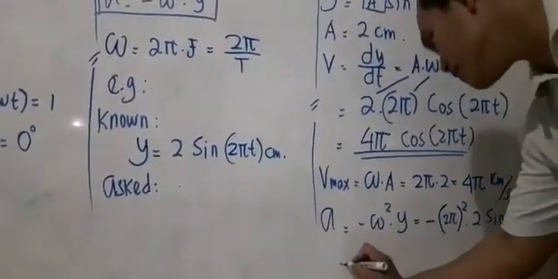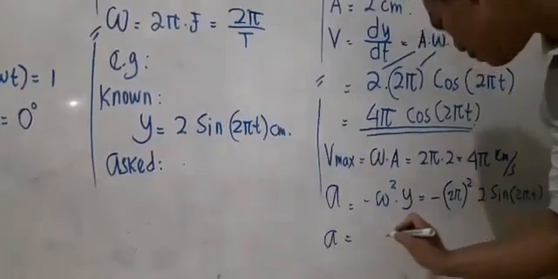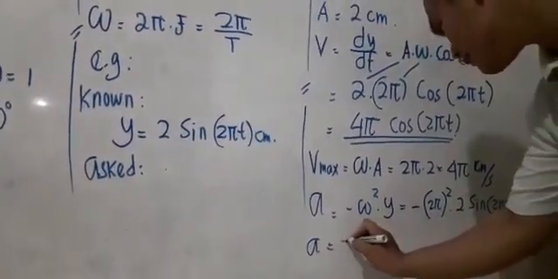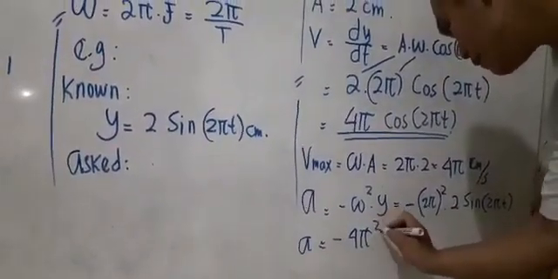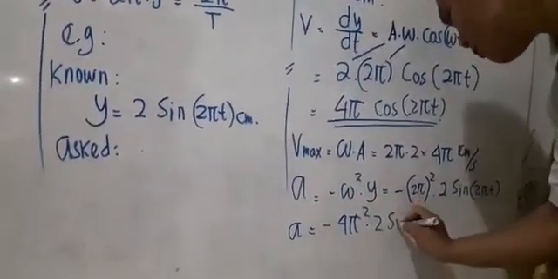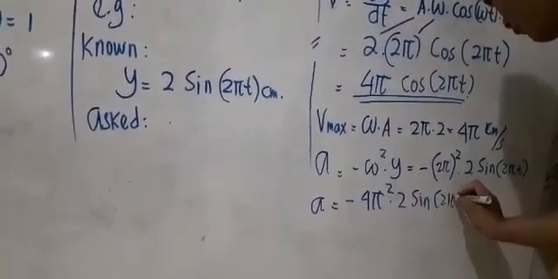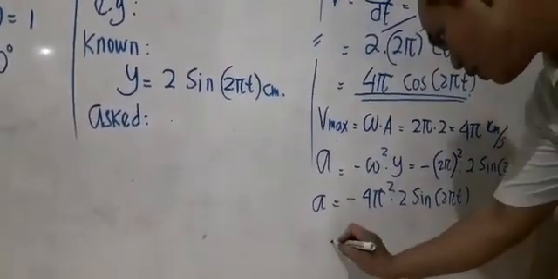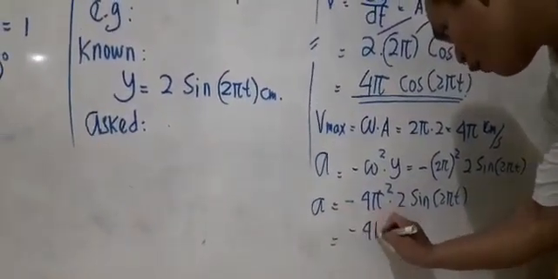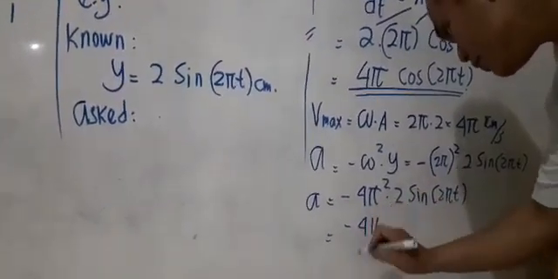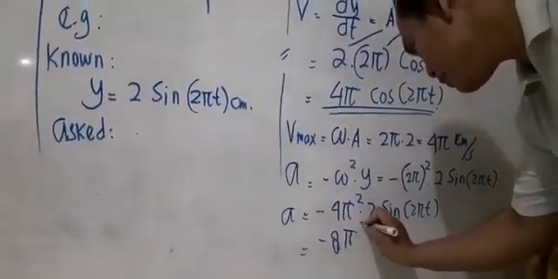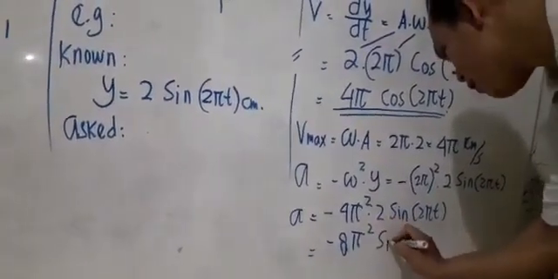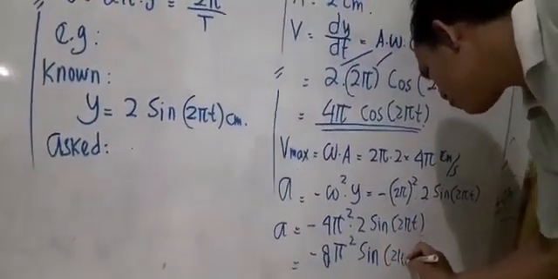So a is equal to minus 4 pi square times 2 sin 2 pi t, which is minus 8 pi square sin 2 pi t.